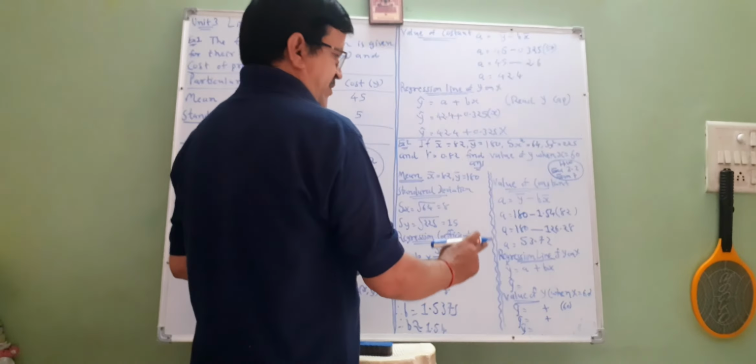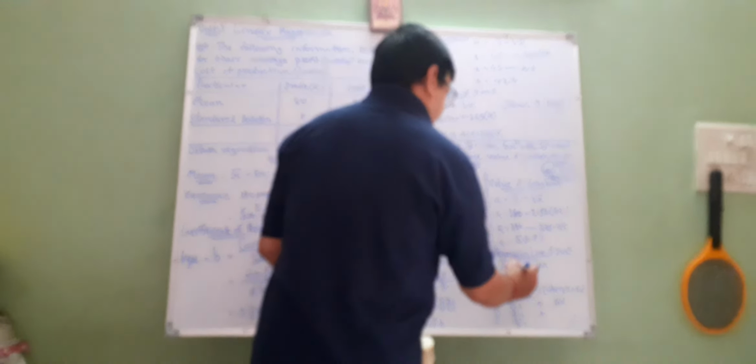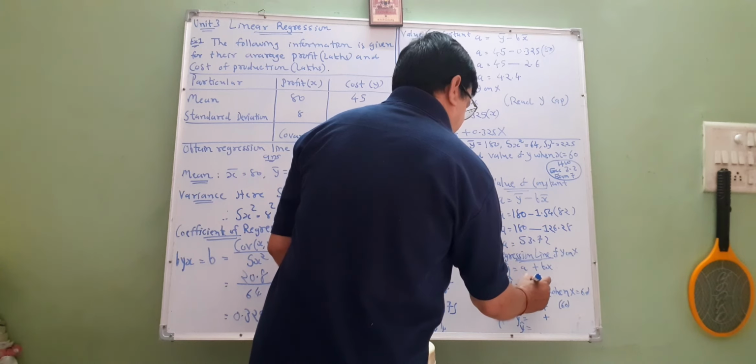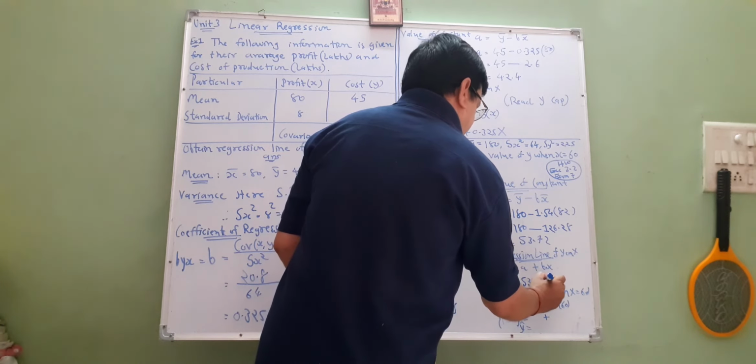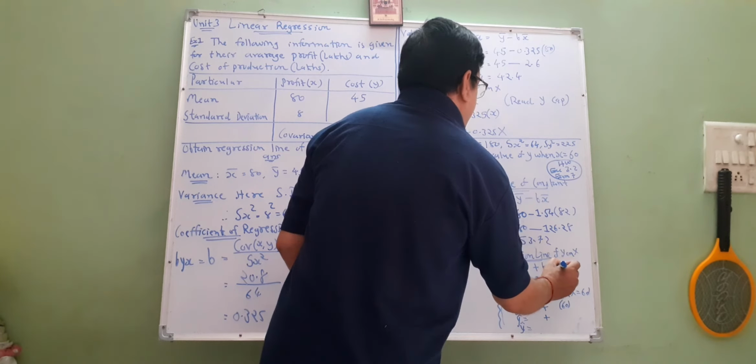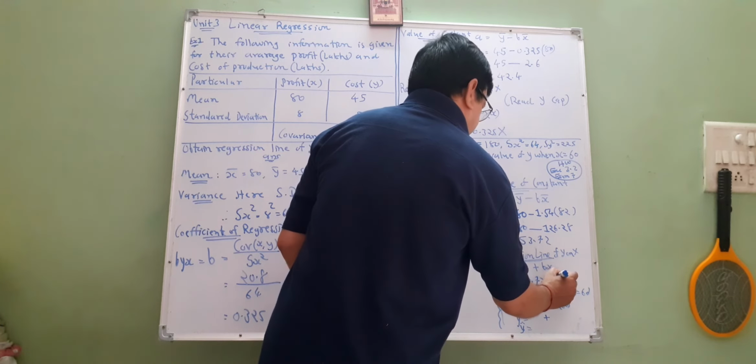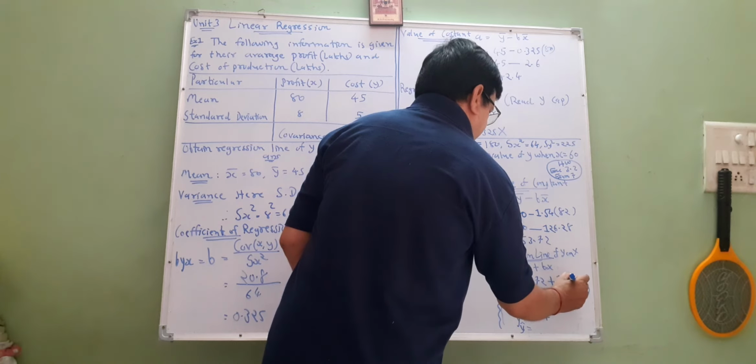And regression line of y on x is equal to a, 53.72, plus value of b, 1.54x.